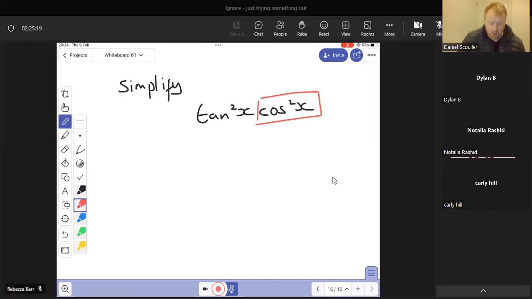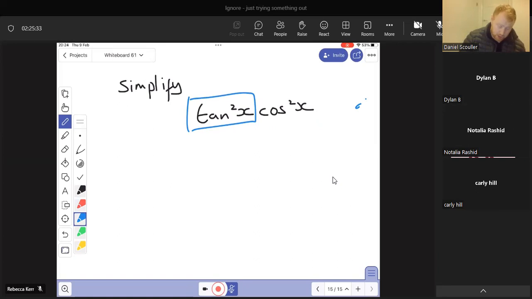So we're going to focus on that tan. The tan squared x just means tan x times tan x. It's just done it twice.